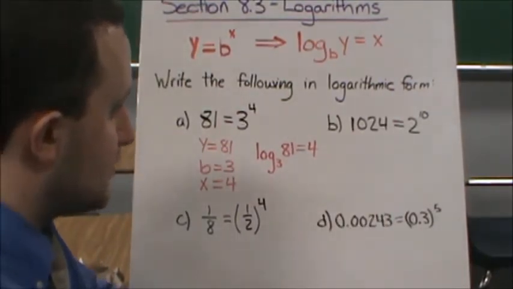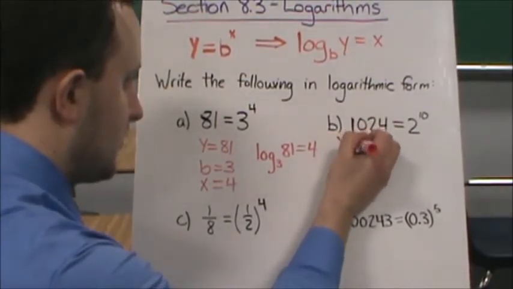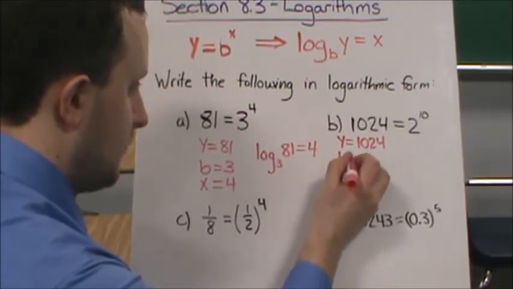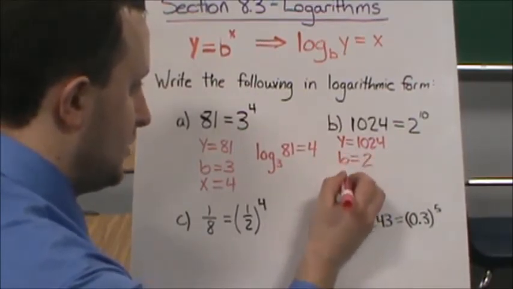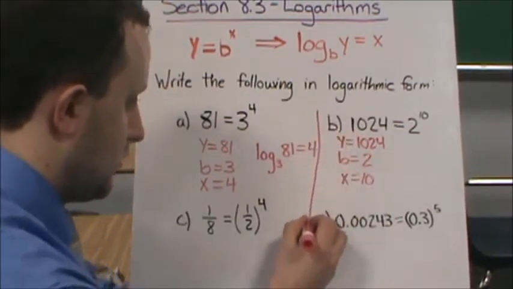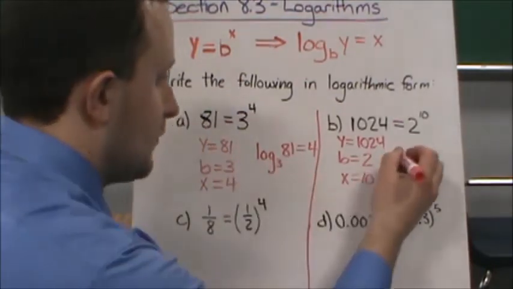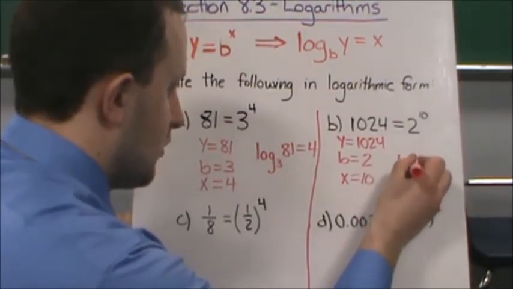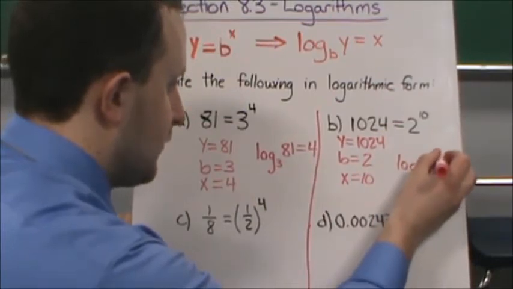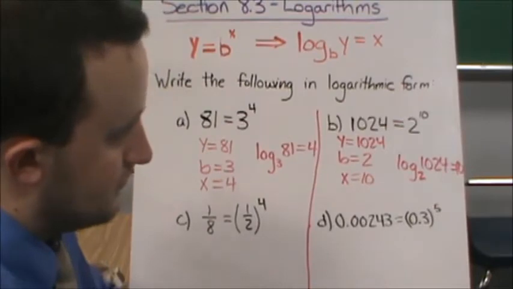For 1024 equals 2 to the 10th, y equals 1024, b is equal to 2, and our x is equal to 10. So if we were to write in logarithmic form, we have log base 2 of 1024 equals 10.